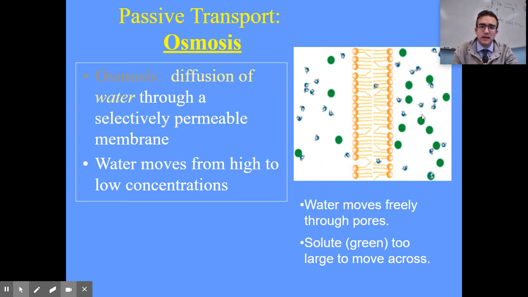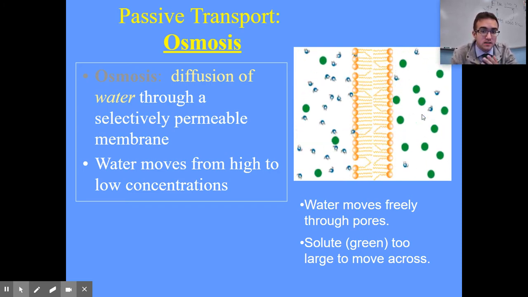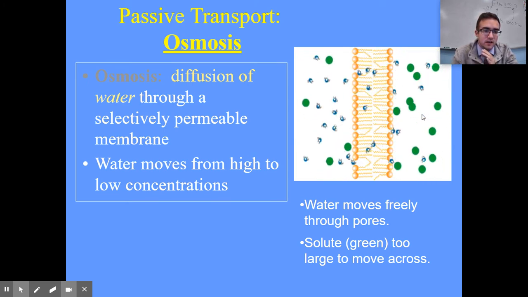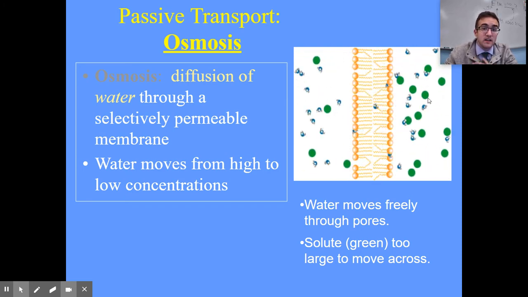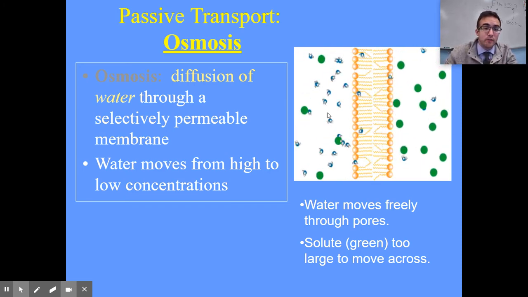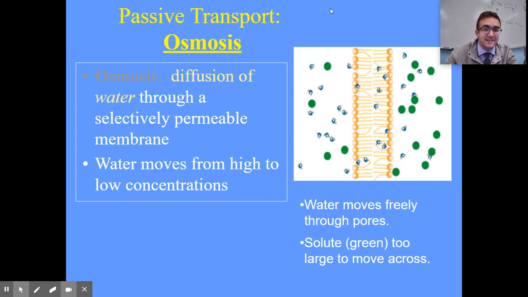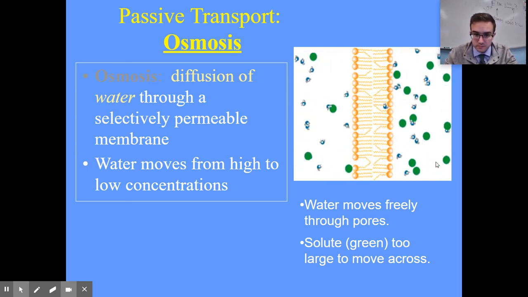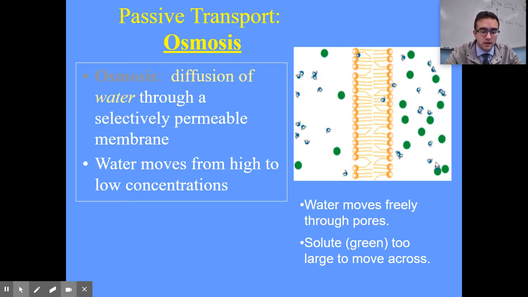So in the end, we end up with the same concentration across the cell membrane. So instead of having this be like a 5% concentration and this be like a 50% concentration, if we move water across it, it'll raise this concentration to, let's say, like 10%, and it'll lower this concentration to 10%. So that's why osmosis is the movement of water.